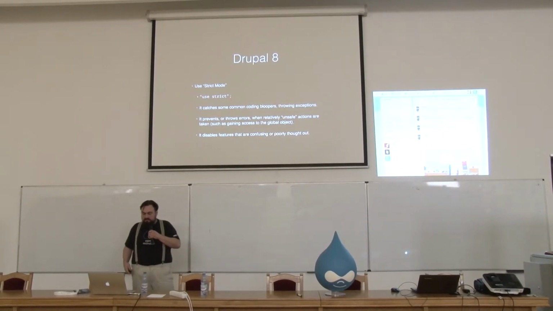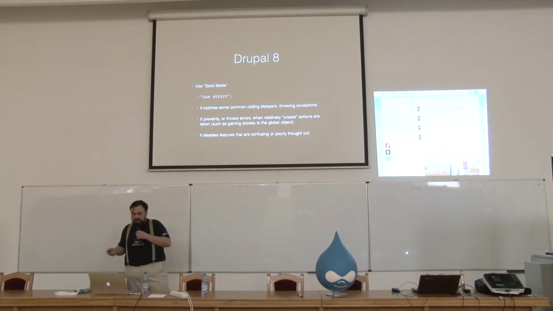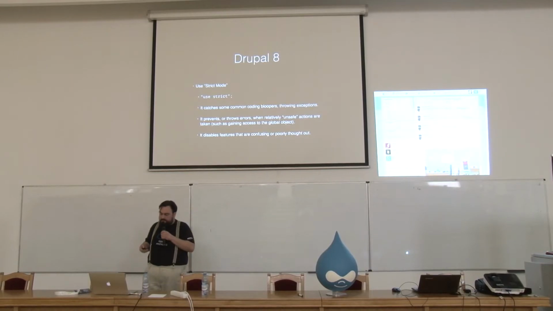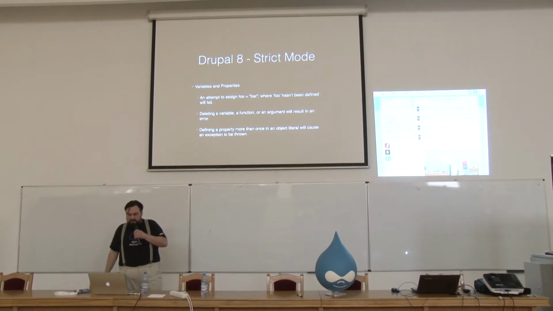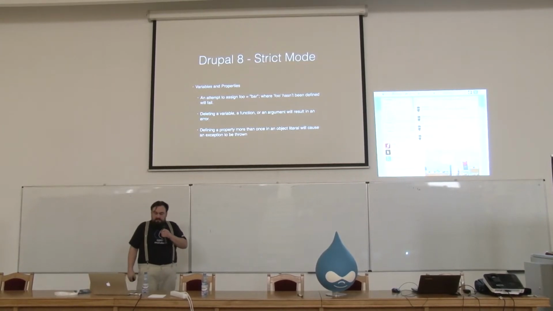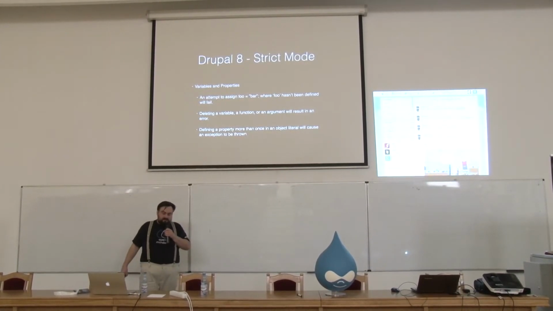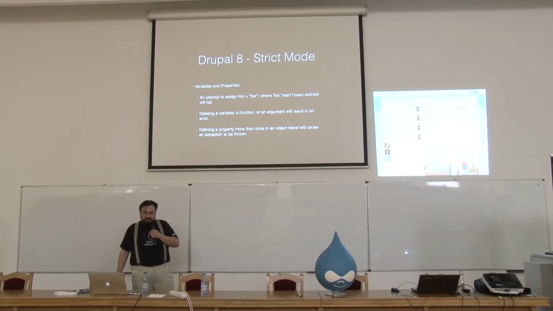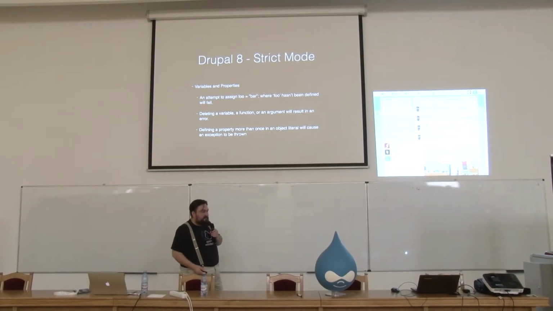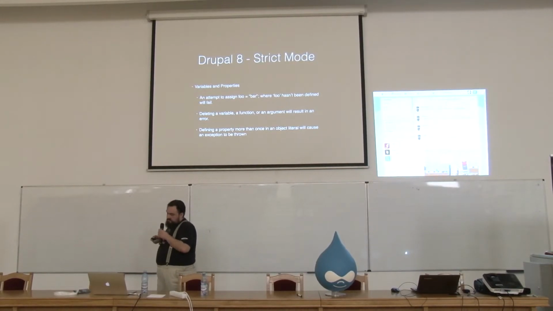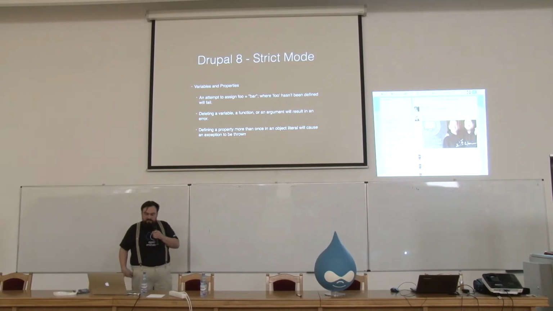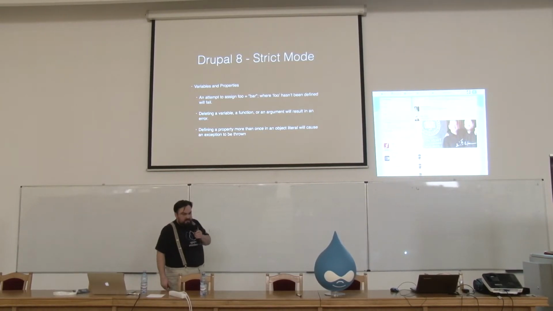It disables some features and some language constructs, and I'm going to go through the list now. It forces you to define all your variables. If you use a variable that hasn't been declared, it will throw an exception. Deleting a variable, a function, or an argument will result in an error.